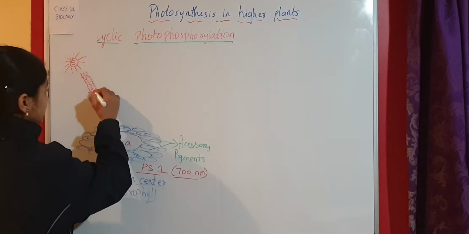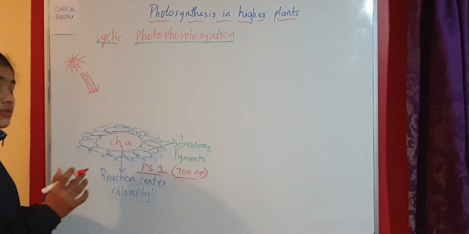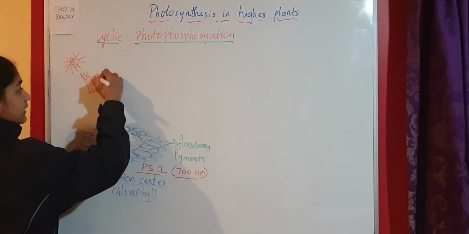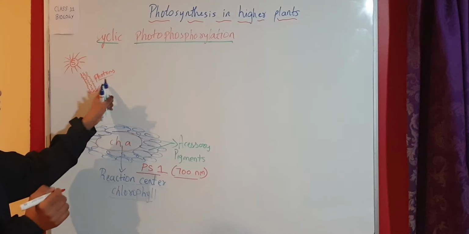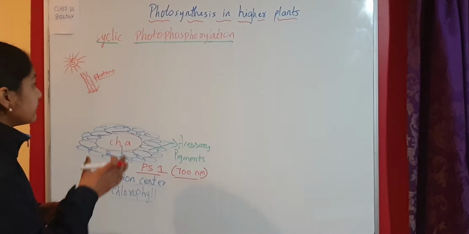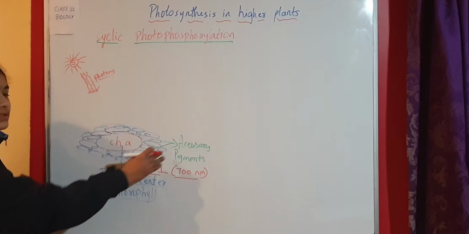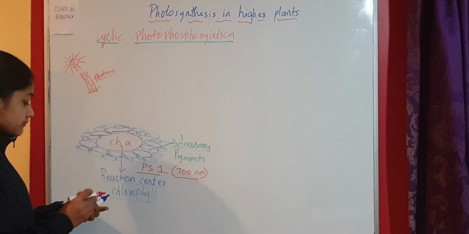The light energy is falling on the photosystems like that. The light energy comes in the form of particles called photons, which we also looked at in the previous videos. So photons are basically the light particles which travel from the sun and fall on this photosystem.